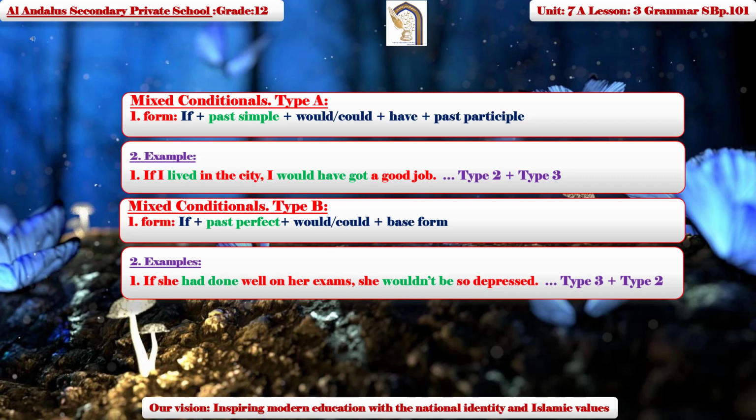Of course, she is so depressed at the present time. The structure here is type 3 plus type 2. I hope this presentation is clear, gentlemen. Now let's proceed to deal with our exercises in our student's book on page 101.